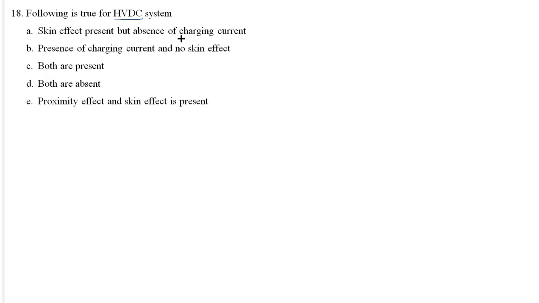Why is there no skin effect? Because for a DC system, the inductance will be 0, and if inductance is 0, then skin effect will be absent. Proximity effect will also be absent. Why is skin effect absent? Because XL is 2 pi FL.